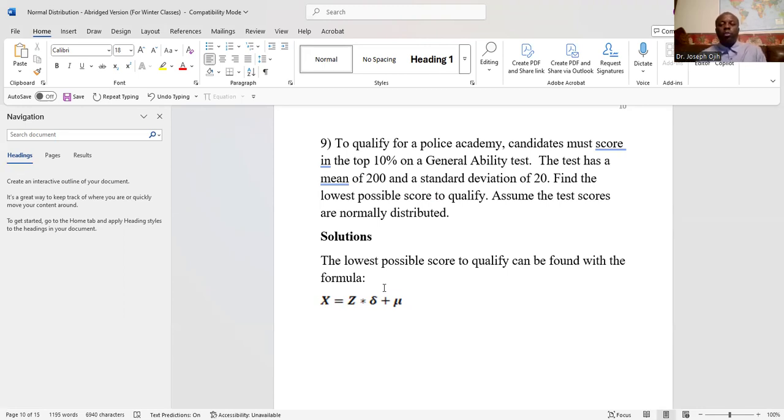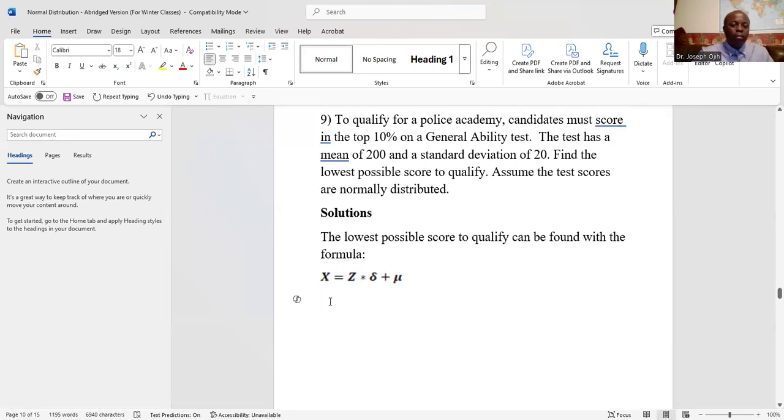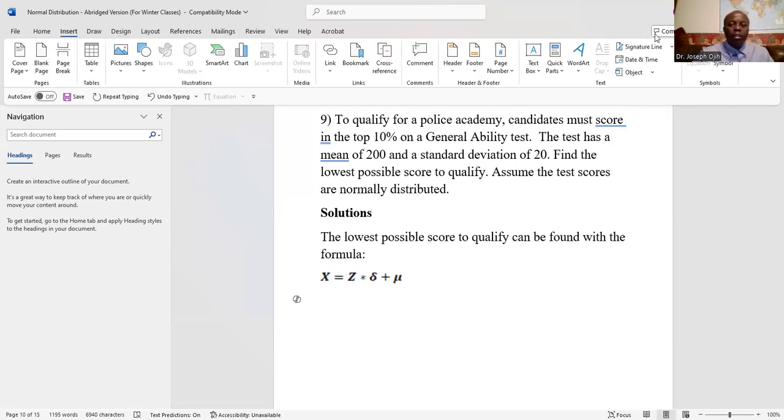Find the lowest possible score to qualify, and assume that the test scores are normally distributed. So this is the formula. Let's get our values out. The mean is equal to 200, and the standard deviation is equal to 20.